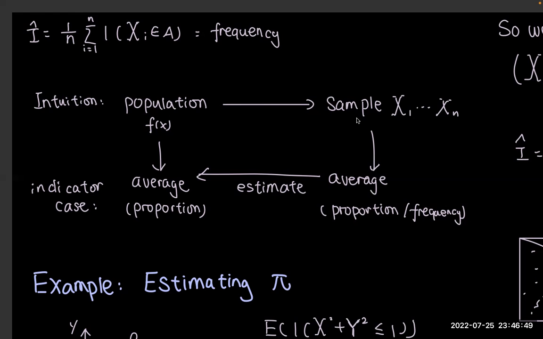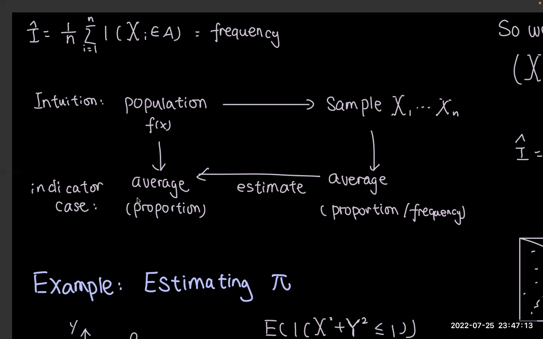For example, we get 1,000 people from this population of 300 million people. Then we have the sample average, the average of h of xi, and we use the sample average to estimate the population average. This is intuitively very easy to understand.